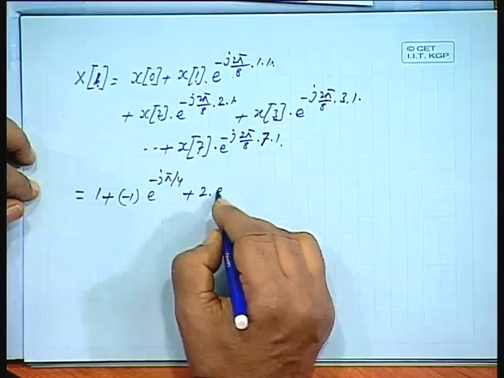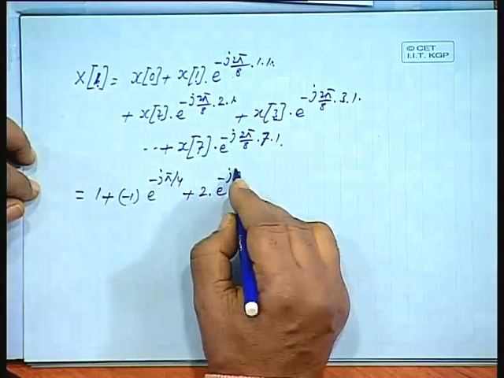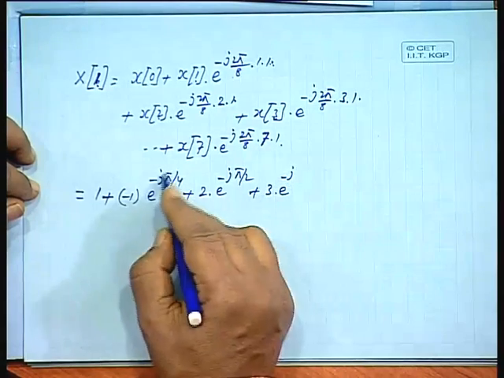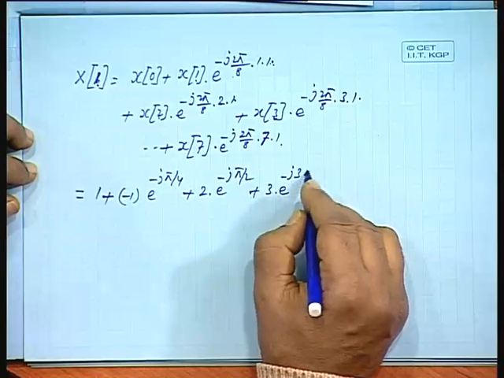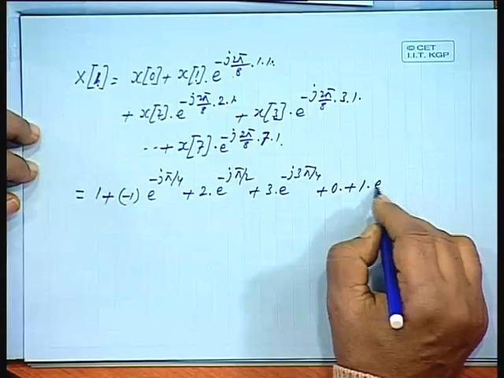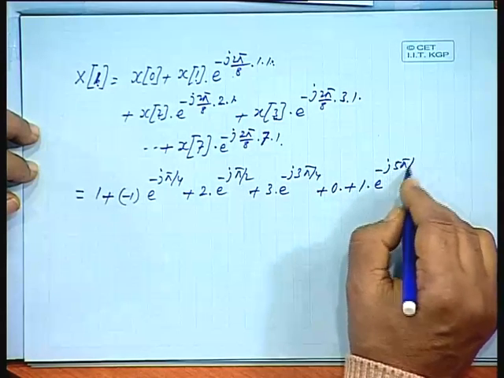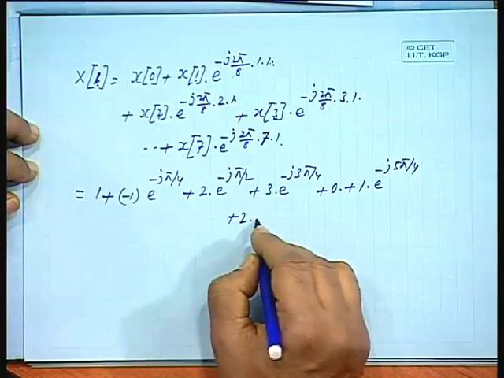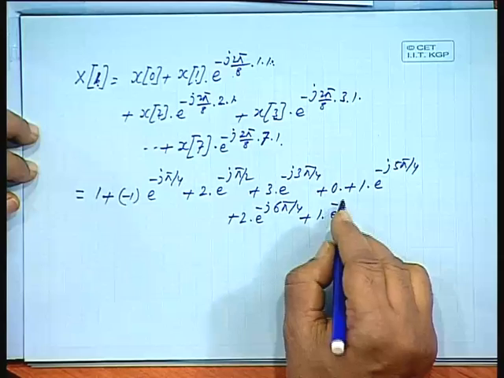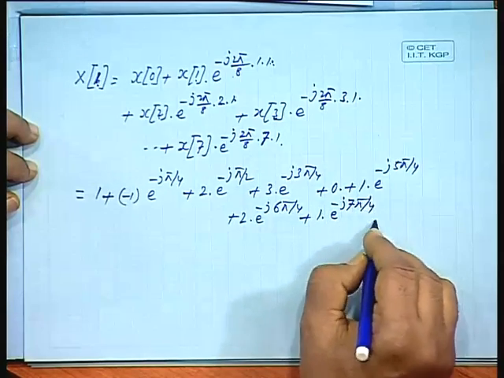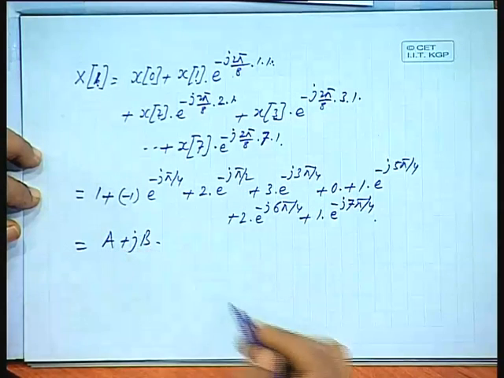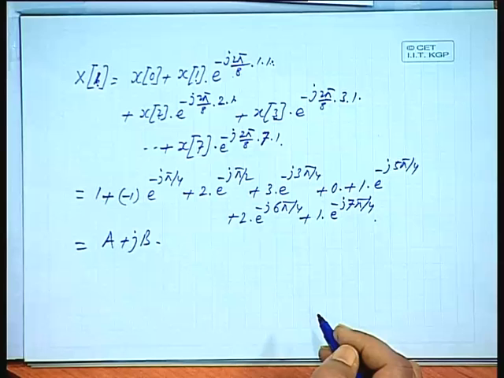Then 2 into e to the power minus j 2 times this, plus 3 into e to the power minus j 3 times this basic angle, plus 0 plus 1 into e to the power minus j 5 pi by 4, plus 2 into e to the power minus j 6 pi by 4, plus 1 into e to the power minus j 7 pi by 4. Is that all right? Whatever that result is, you can write it as a plus j b, all right.